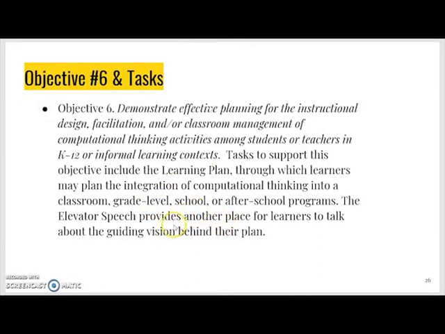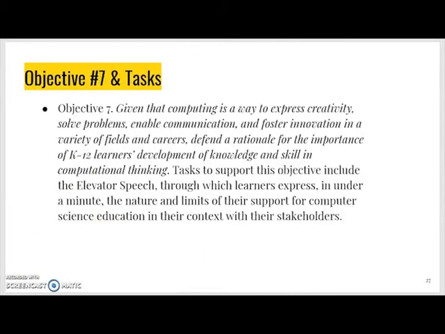The elevator speech also provides a place where learners can talk about the guiding vision behind their plan. They do talk about a context of interest to them, of relevance, and their job in that speech is to convince their listener that this is important and that it's necessary.